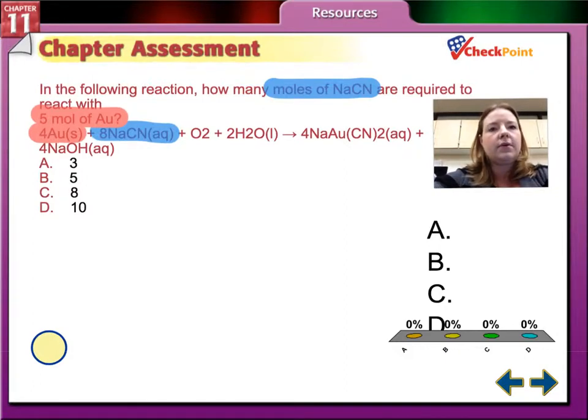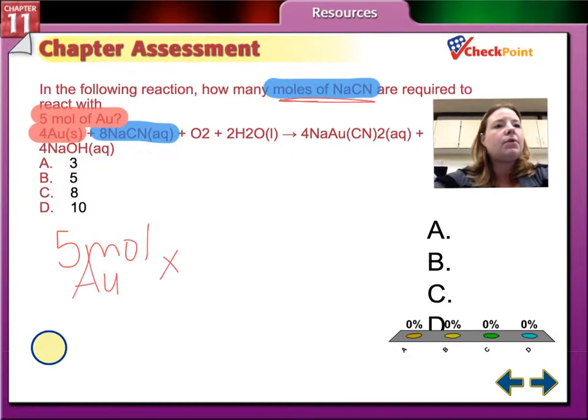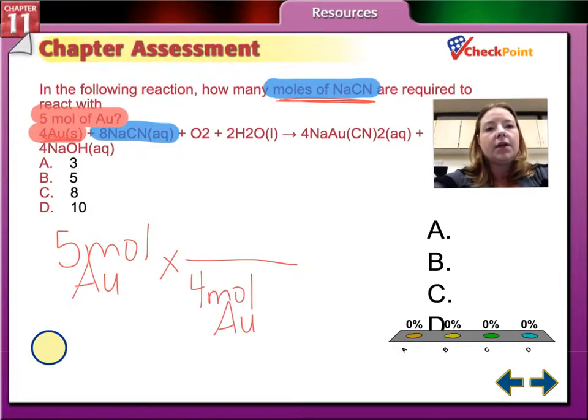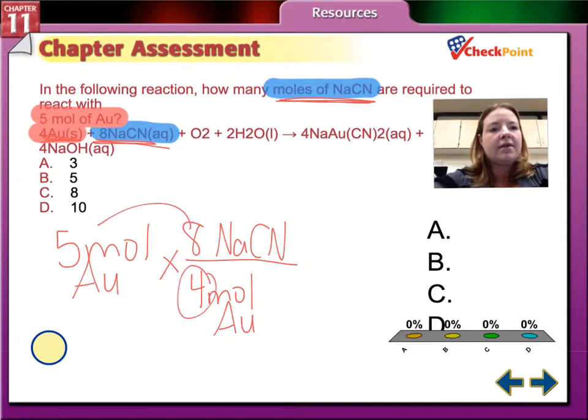So I'm starting with my 5 moles of Au, and I need to figure out how many moles of a different material there is. So all I'm using is my mole to mole ratio out of the chemical reaction above. So according to my chemical reaction, I highlighted it here, 4 moles of Au are needed and 8 moles of NaCN are needed. So now I work that out, 5 times 8 divided by 4, and you should get 10.